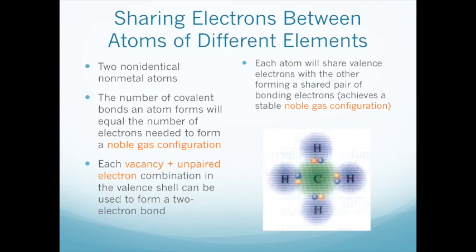When it comes to binding non-identical nonmetal atoms, you have to start thinking about how many electrons each atom needs to obtain a noble gas configuration or complete the octet.